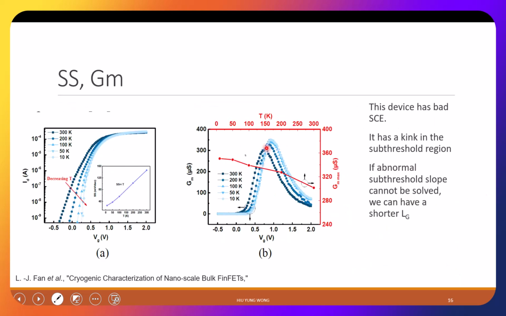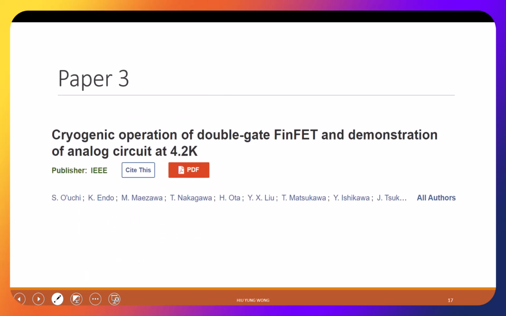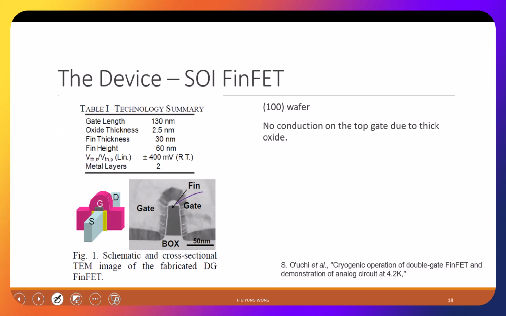Same for the subthreshold and GM, they're similar, okay? This is another SOI FinFET. The thing we find, this is SOI, right? Because there is a box here. The interesting thing is here, you have a fake top oxide, top insulator.